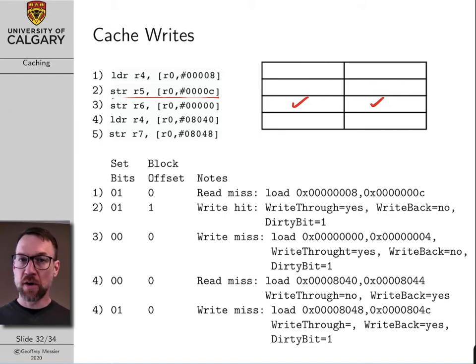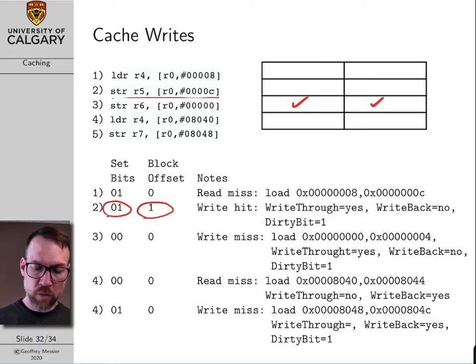We check our cache, first of all, and we determine that this corresponds to set 1, a block offset of 1. So that's this memory location. We check our tag bits and our valid bit, and we figure out, hey, this memory location is current.